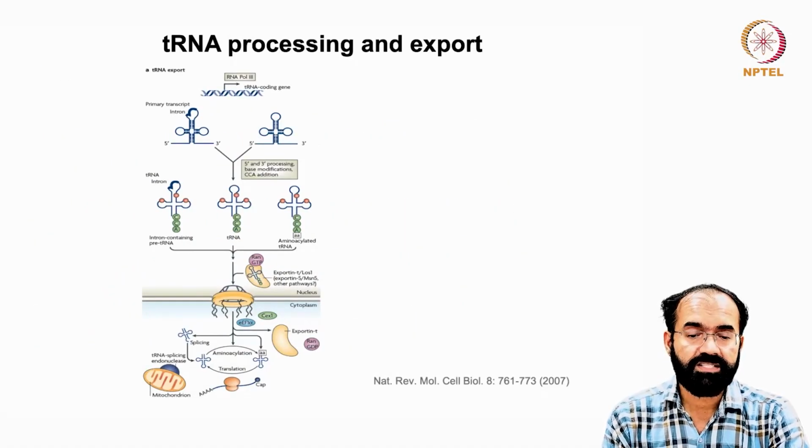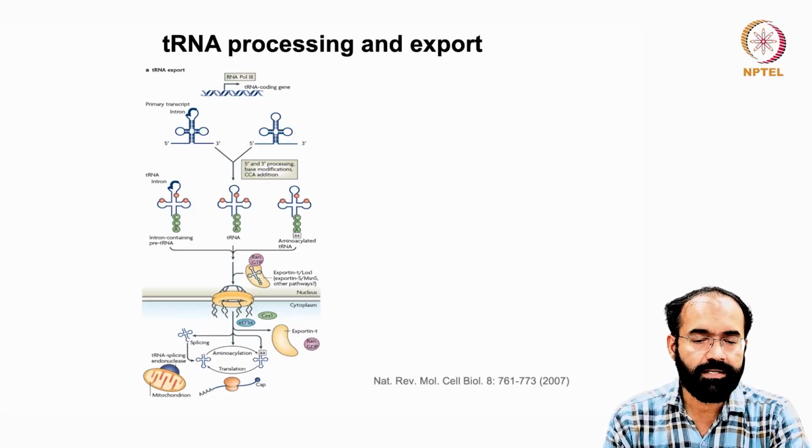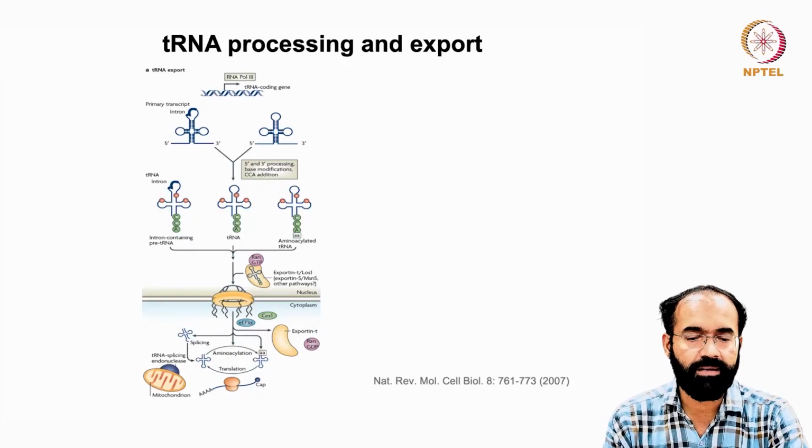So, tRNA processing and export. Like you can see in this picture, a tRNA is normally transcribed by RNA polymerase III, and it has to undergo the maturation process, including the 5' and 3' processing and the CCA addition of the tail.